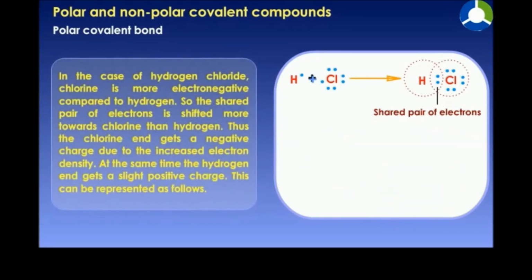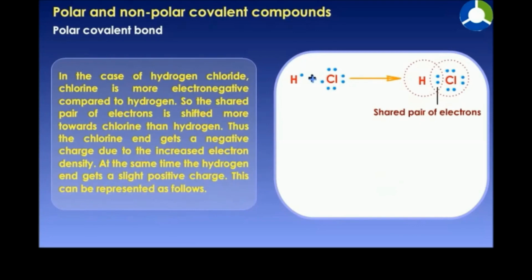In the case of hydrogen chloride, chlorine is more electronegative compared to hydrogen. So the shared pair of electrons is shifted more towards chlorine than hydrogen. Thus, the chlorine end gets a negative charge due to the increased electron density. At the same time, the hydrogen end gets a slight positive charge.